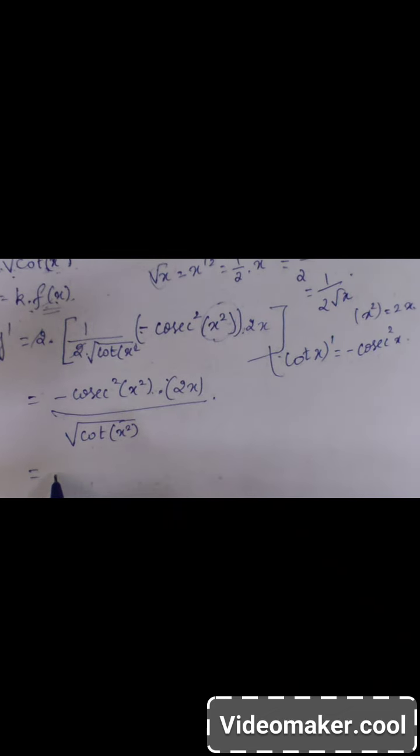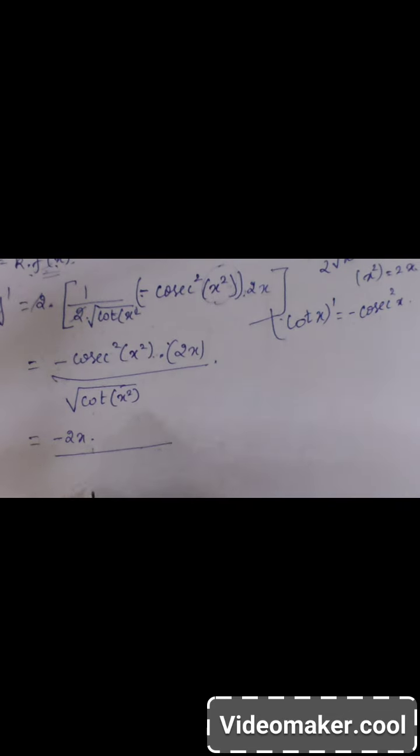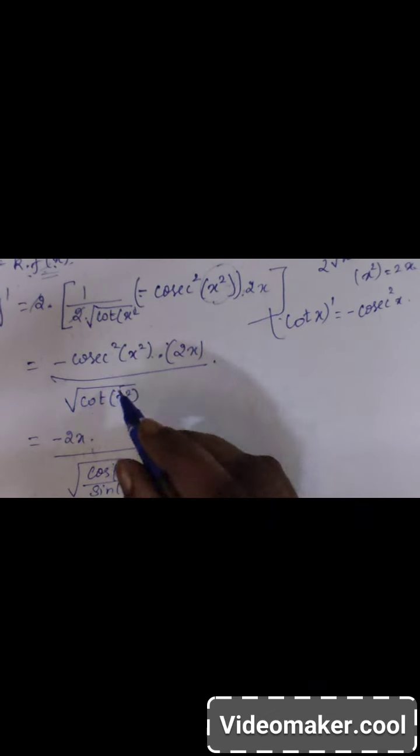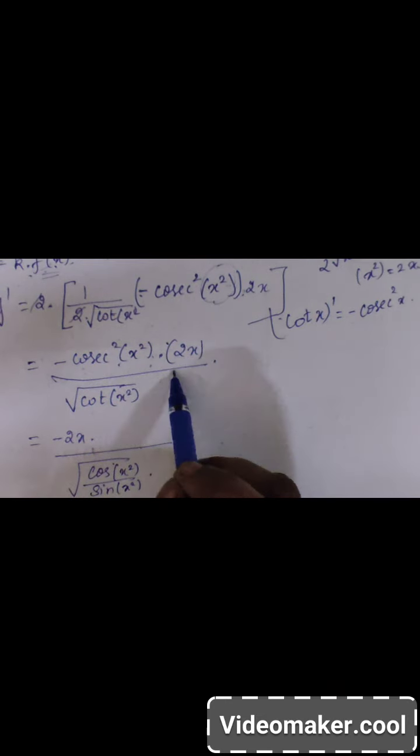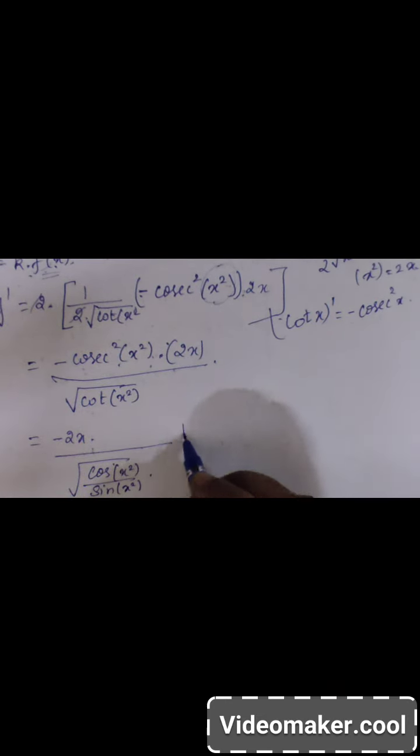Now we can write this square root of cot of x square as square root of cos of x square divided by sine of x square. And in the numerator we have cosecant square x, which can be written as 1 by sine square x square.